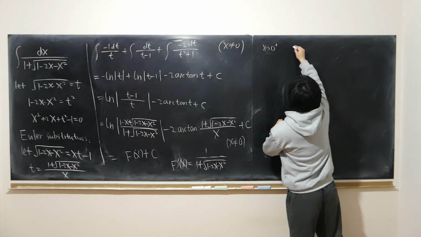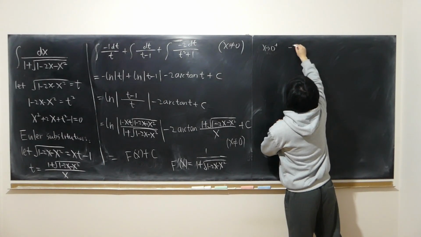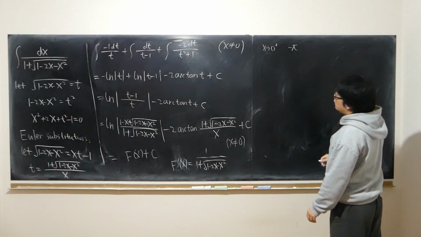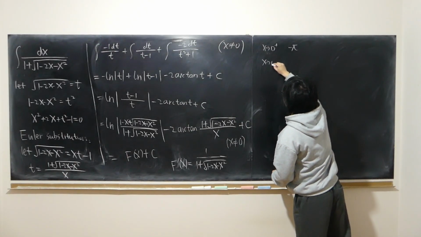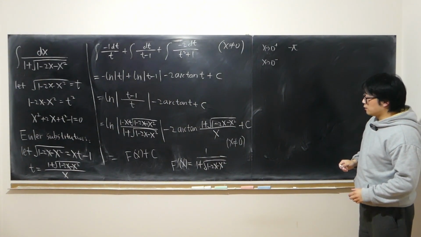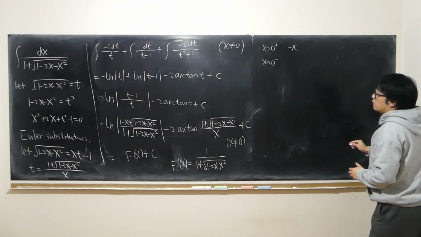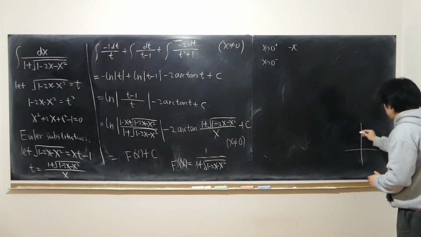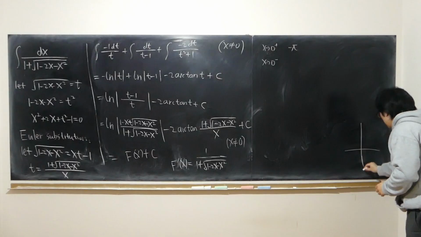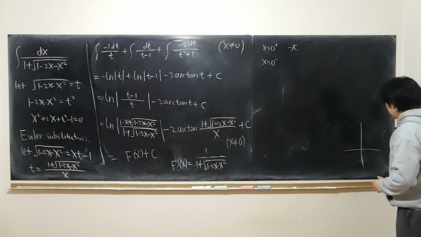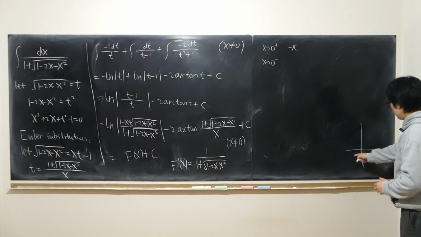So we have the right-hand side limit, negative pi. When x approaches from the left-hand side to 0, remember the graph of arctangent goes this way.